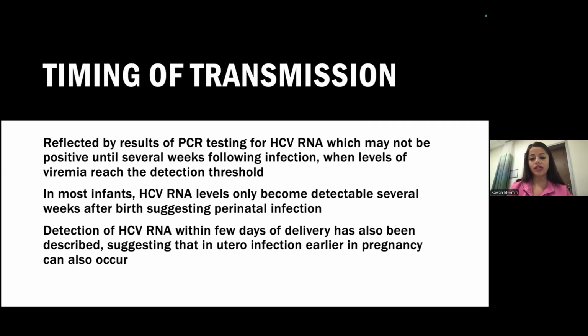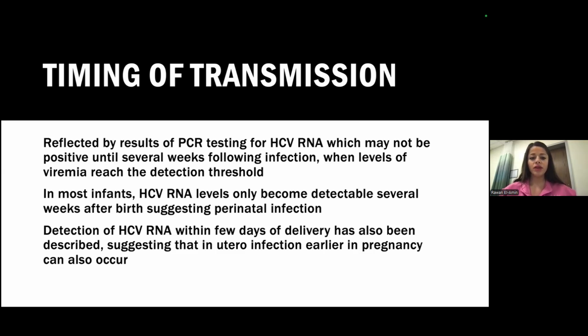That means the transmission most likely happened during pregnancy, because it usually takes a few weeks for HCV RNA levels to be detected in an infant's blood after delivery. So that's how we can tell that some fetuses have been exposed earlier on and not just during delivery.